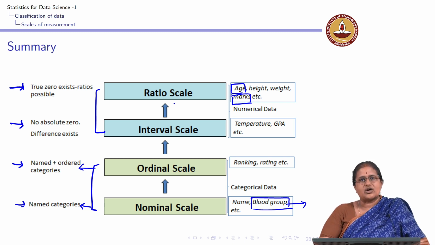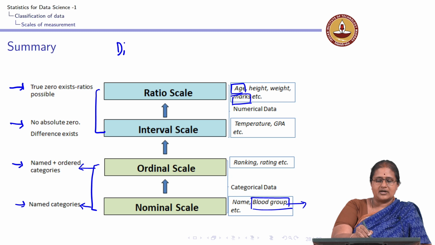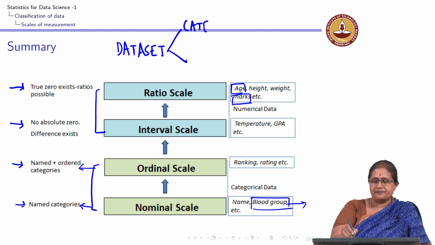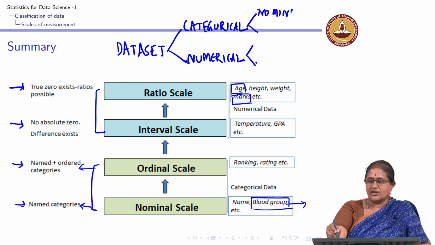So, with this we stop this module. At the end of this module, you should be able to look at a data set which is very well organized, identify variables as categorical or numerical, and once you are able to identify these variables, further look at the scales of measurement, whether it is a nominal, ordinal, interval or ratio scale of measurement.